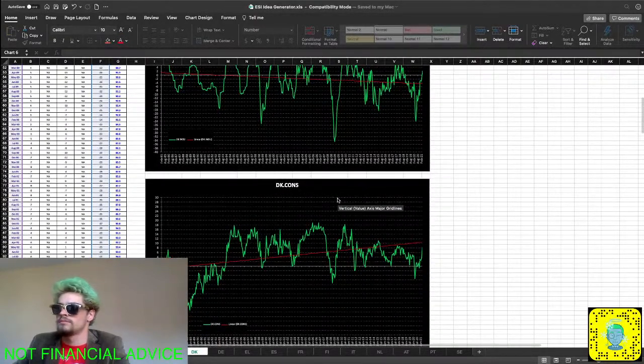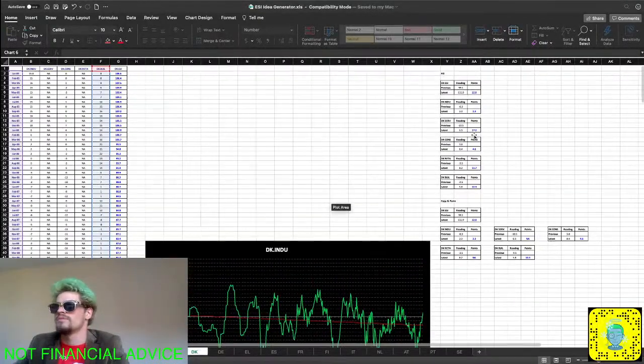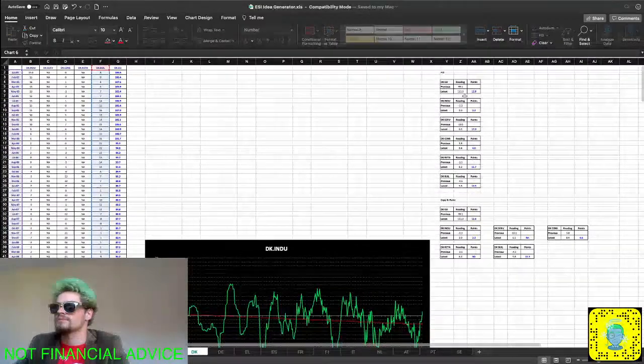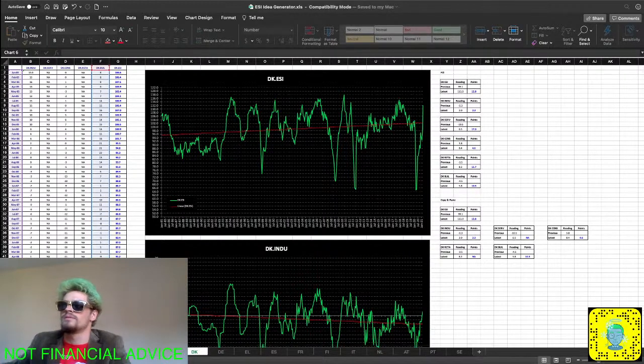And what I'll do is I'll link these. I'll take the change month over month, and then compare each country's change month over month together, along with the European Union and the Eurozone.